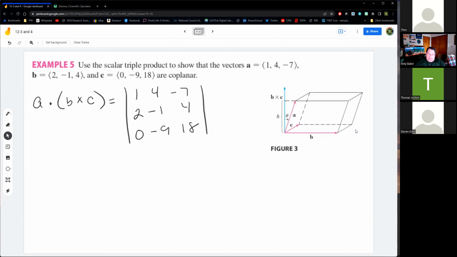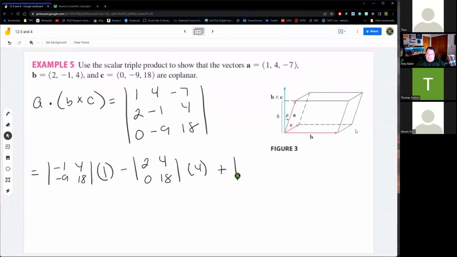So this ends up coming out to be, I've got -1 times (-9, 4; 18, 1), minus 2 times (4, 0; 18, 4), plus 2 times (1, 0; -9, -7). So I've got -18 minus -36 times 1.